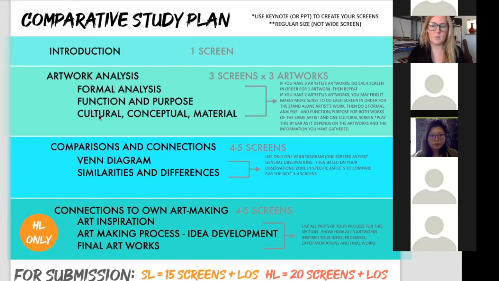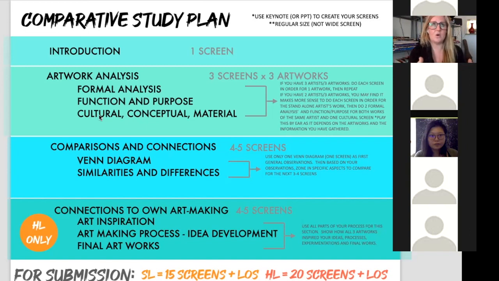And then we go into the comparisons. I make them spend four to five screens on the comparisons. I still go with the Venn diagram. I know in the examiner report they say we don't need the Venn diagram, but I feel like they're talking about students who use a Venn diagram for all of the comparisons. What I do is the first screen is kind of a Venn diagram, and I like my students to do that because it organizes their thoughts.